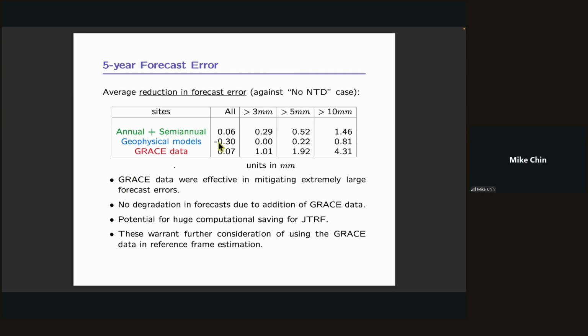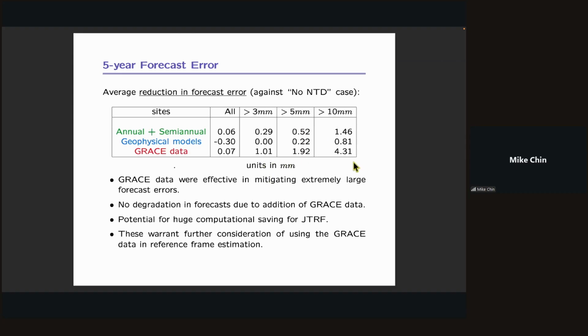What happened is that if you average over the 520 or so sites that we use, there wasn't that much change. That's not unusual. But there are some bad cases where the short data is used to do a forecast. In the non-tidal deformation case where there's no NTD ingested, there are bad forecast cases on average.